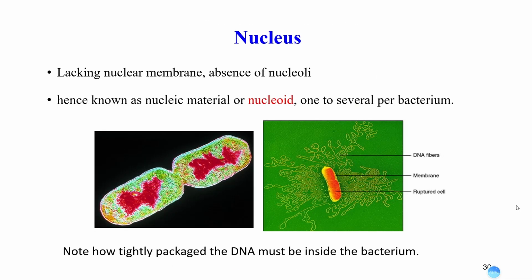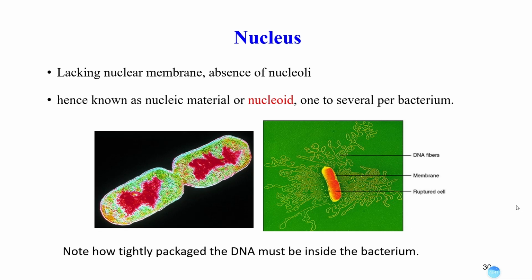Okay, the next part is the nucleus. Well, we know in bacteria they don't have a real nucleus. They have a structure called nucleoid. Which means that it does not have a membrane to surround the DNA, but the DNA is condensed in part of the cell, inside the cell.